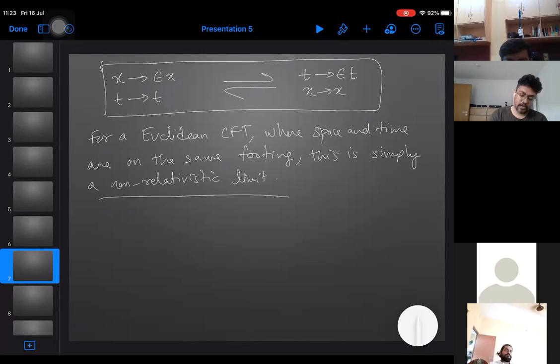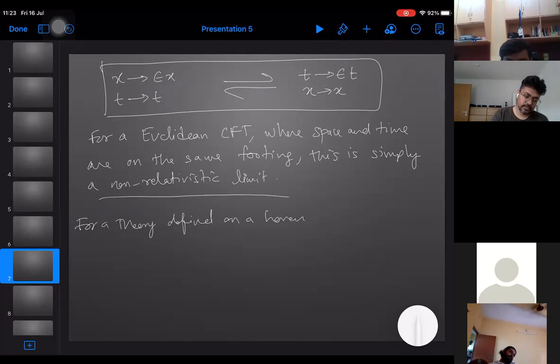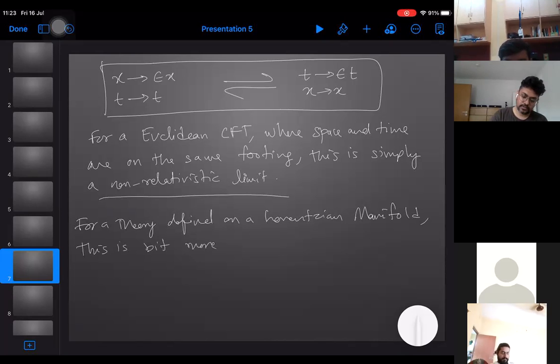Now, for a theory that is defined on a Lorentzian manifold, what does that mean? This is a bit more subtle.